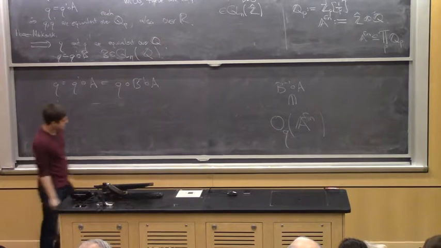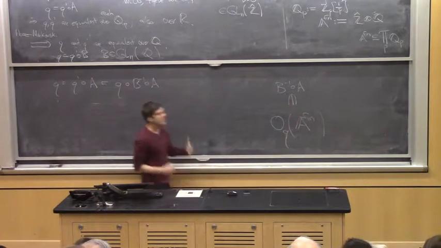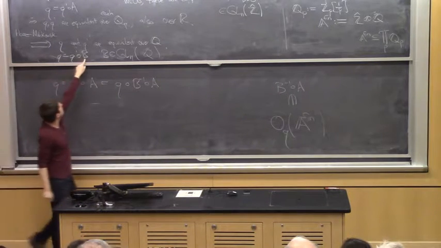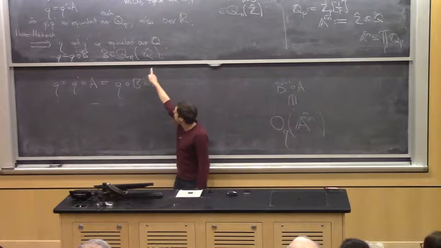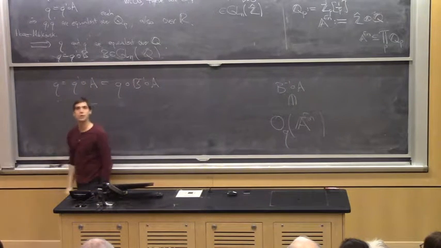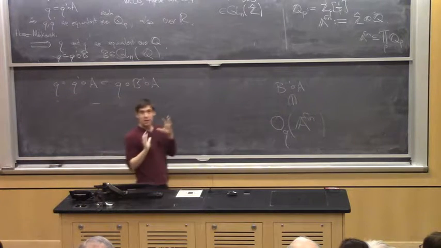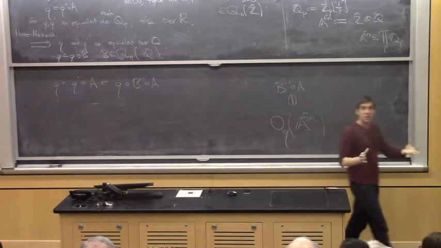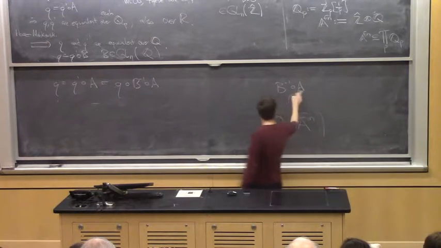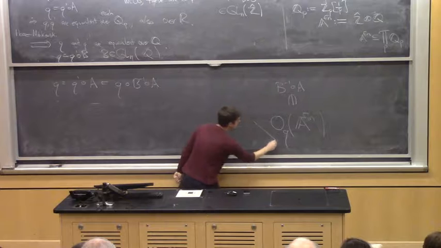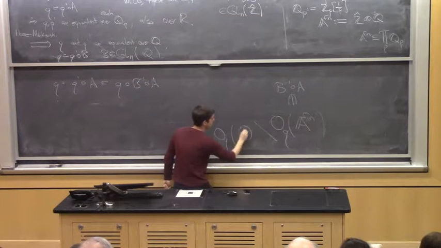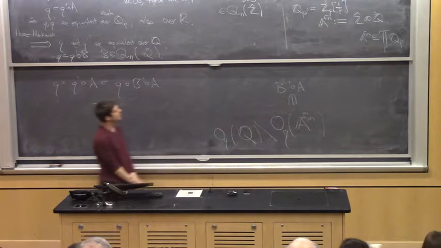We get this element in this orthogonal group, but it depends on some choices that we've made. This matrix B was chosen to be any matrix in GL_n of Q that converts Q prime into Q. So that's ambiguous up to right multiplication by matrices that preserve the quadratic form Q. And that ambiguity shows up as an ambiguity of this product. This is ambiguous up to multiplication on the left by elements of O_Q of the rational numbers.